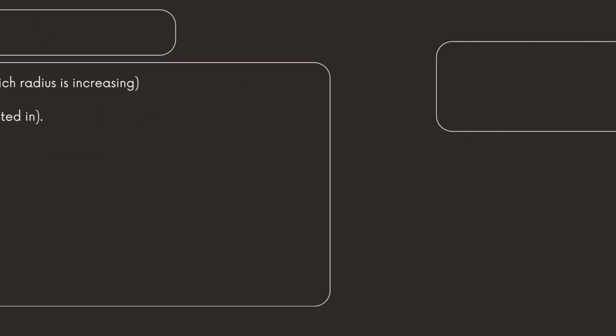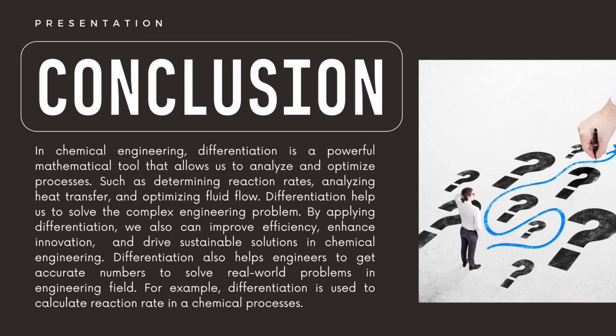For the conclusion, in chemical engineering, differentiation is a powerful mathematical tool that allows us to analyze and optimize processes, such as determining reaction rates, analyzing heat transfer, and optimizing fluid flow. Differentiation helps us to solve complex engineering problems.